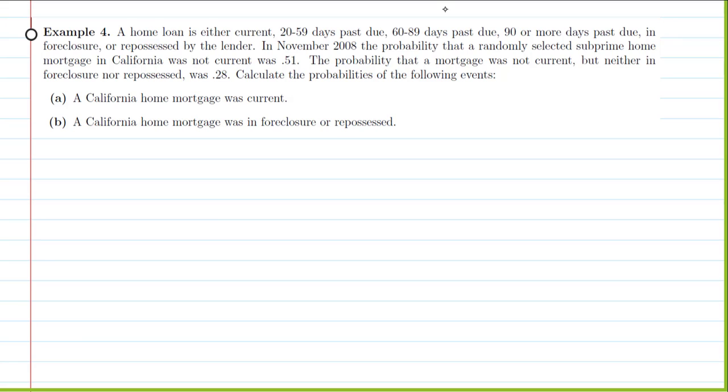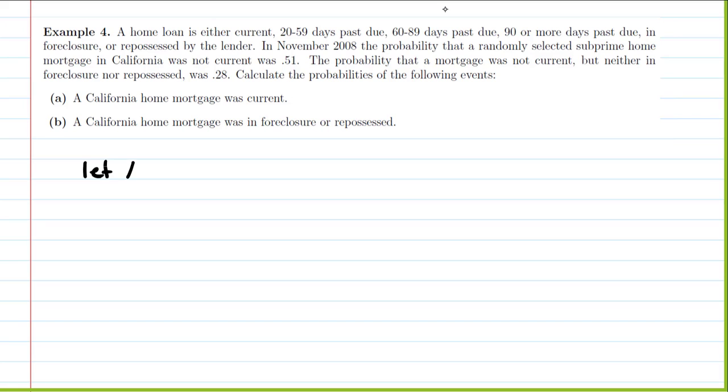All right, so we've got a lot to unpack in these definitions, right? So let's see what our first piece of data tells us. In November 2008, the probability that a randomly selected subprime home mortgage in California was not current was 0.51.